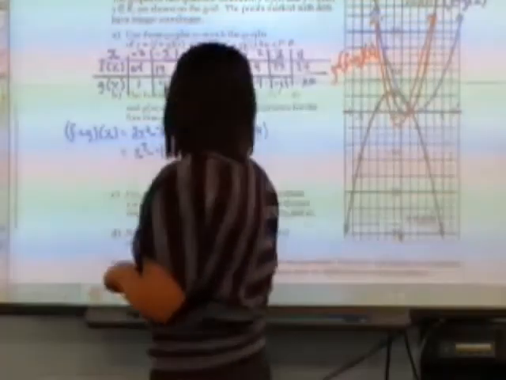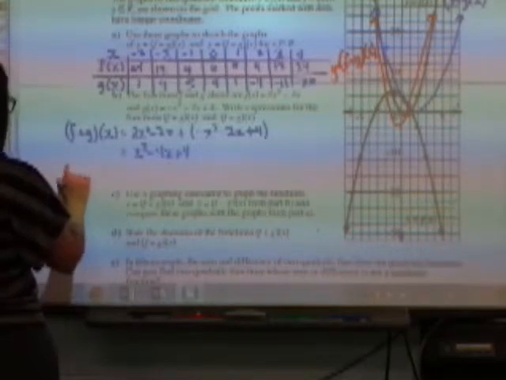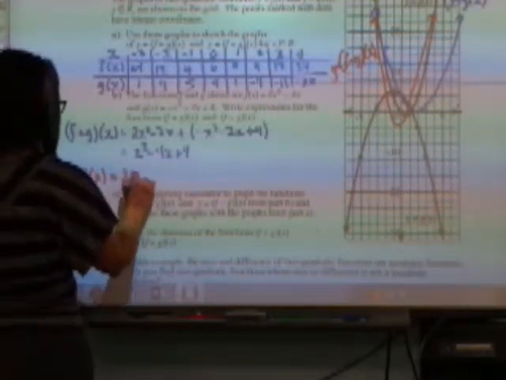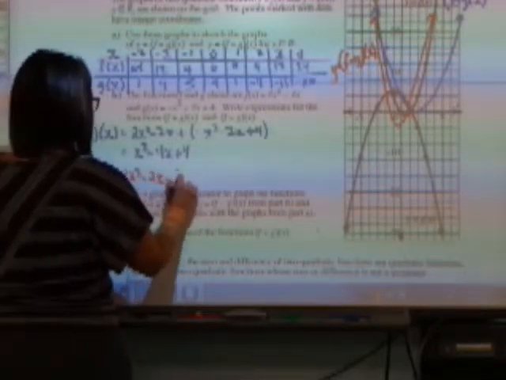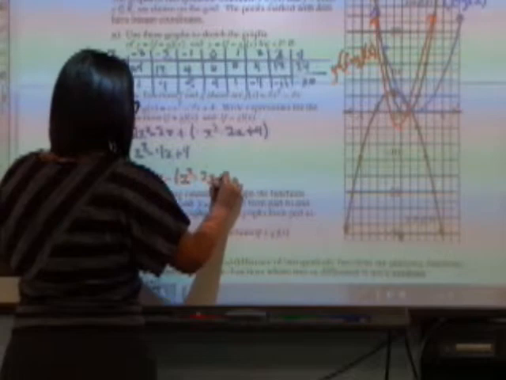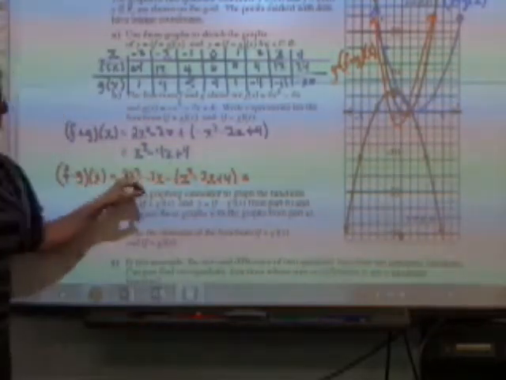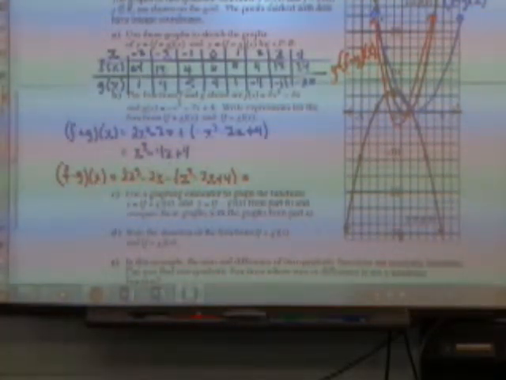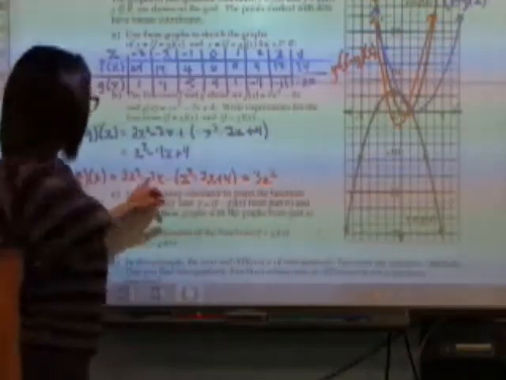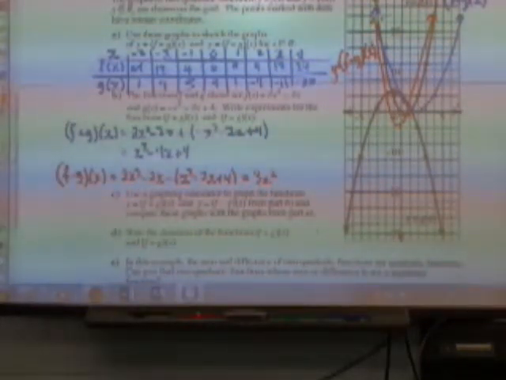If I subtract them, I've got 2x squared minus negative x squared, which equals 3x squared. And then I have negative 2x minus negative 2x is 0.